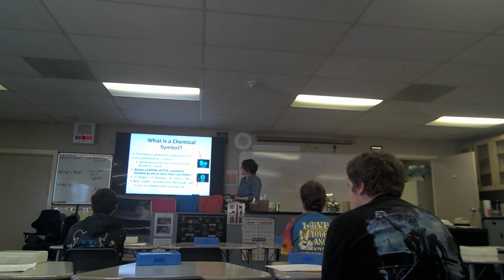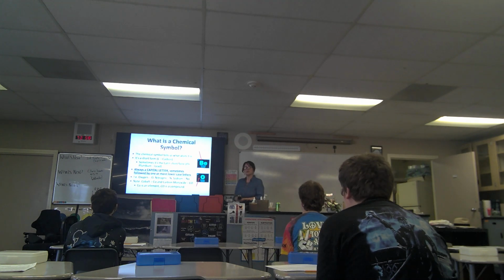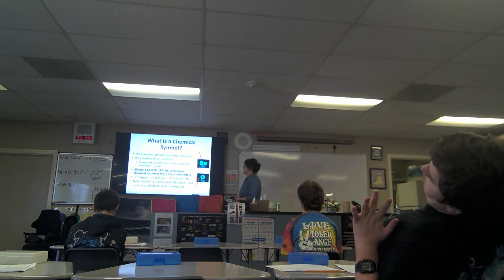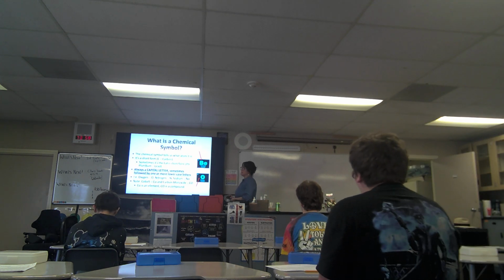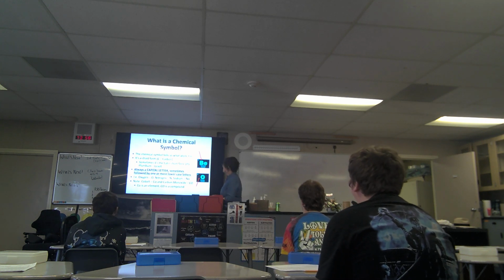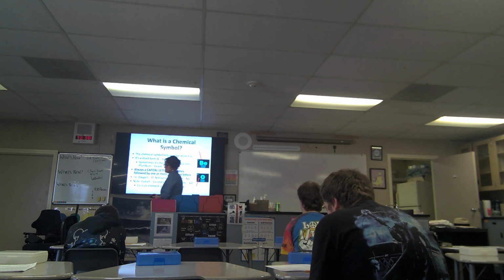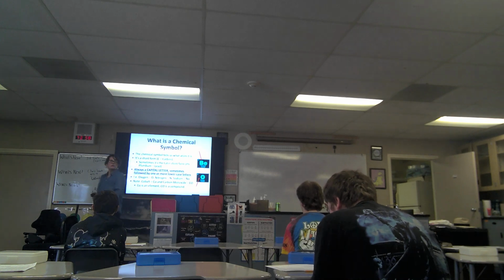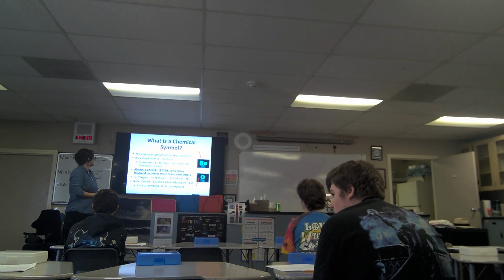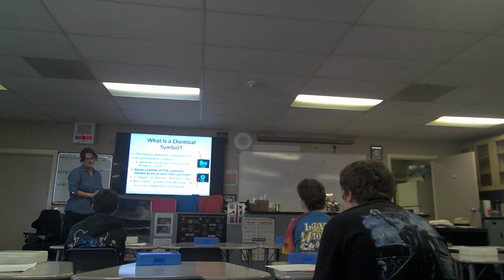Okay, so the chemical symbol, again, we just went over that for oxygen. It's O. But that tells us what atom it is. Okay? So carbon is a C. And C is short for carbon. Sometimes you have atoms where the chemical symbol is like Pb, right? Pb is lead.